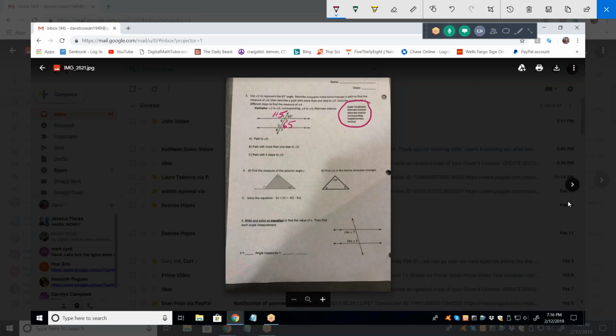Okay, then describe a path with more than one step to figure out angle 5. Supplement. Now, first of all, let me just add one thing. We figured out angle 1 on our own. They didn't give it to us. So that's the first step.